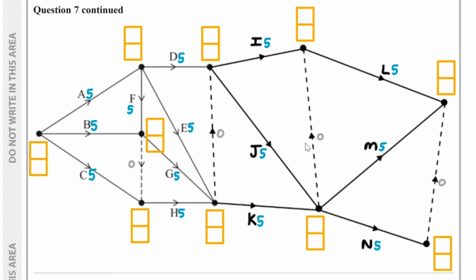Remember, dummies have a weight of 0. Let's attempt a forward pass and a backward pass. So if I start off here with 0, 0 plus 5 is 5, and then 5 plus 5 is 10. I'm going to compare that with something else, so I'll leave that alone for now. Here I've got 0 plus 5, which is 5, and I've also got 5 plus 5, which is 10.